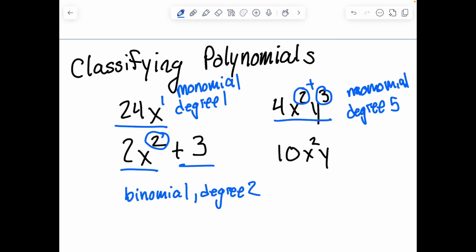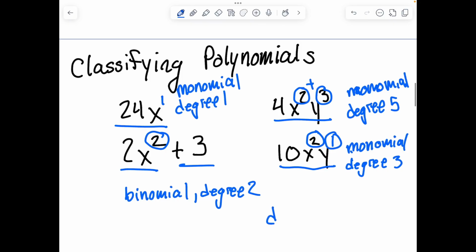Then again, looking at this bottom one, it's a monomial. There's one single thing, one term. This y technically has an exponent of 1. If there is no exponent written, it has an exponent of 1. So I'm going to have 2 plus 1, so it has a degree of 3. So for degrees, add the exponents.